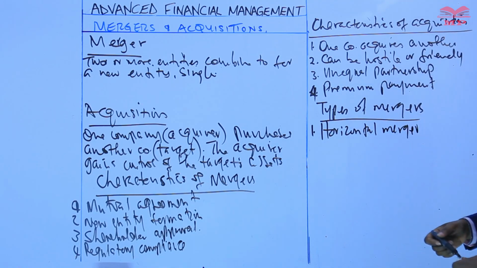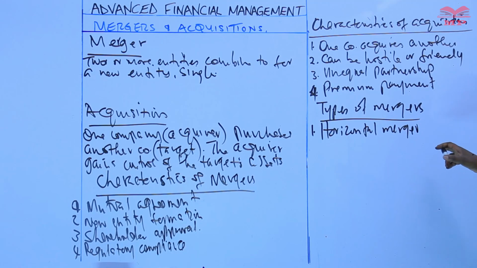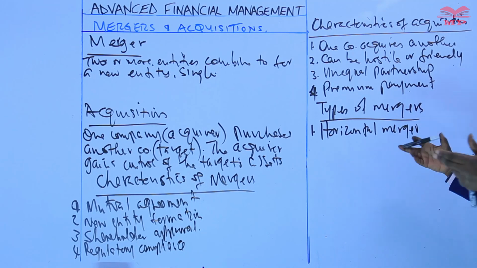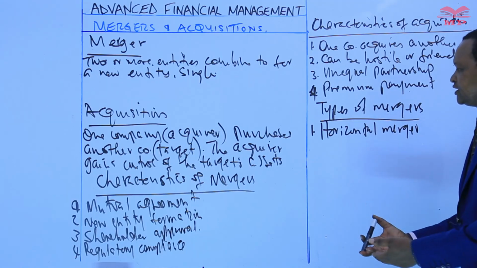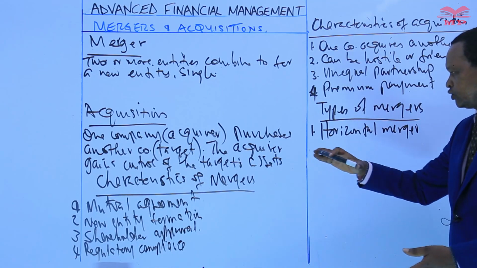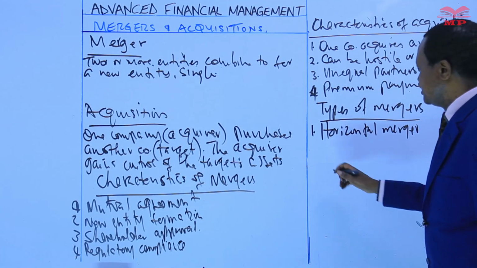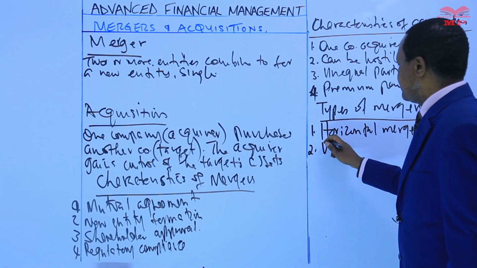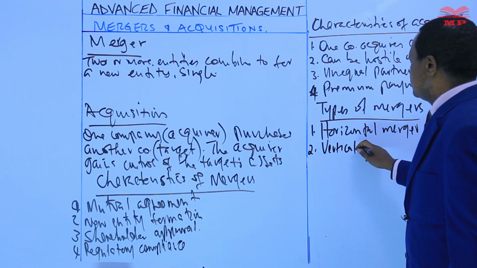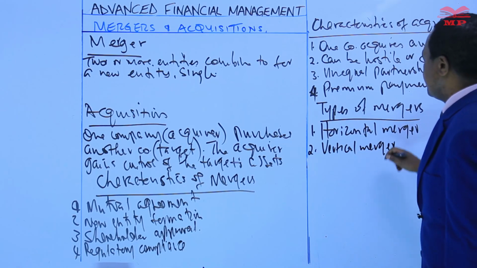Now, a horizontal merger is where 2 companies operating in the same industry merge. The second type is vertical merger.